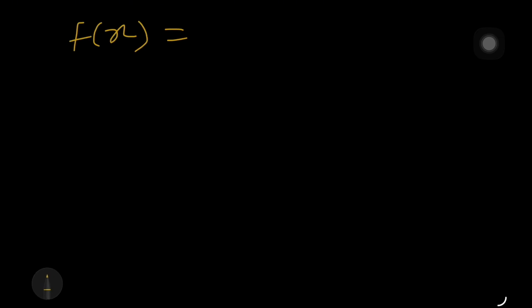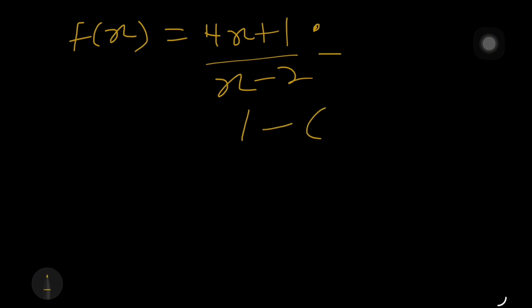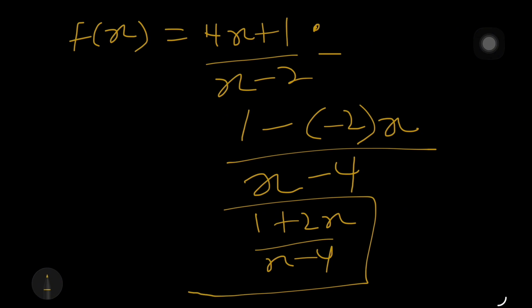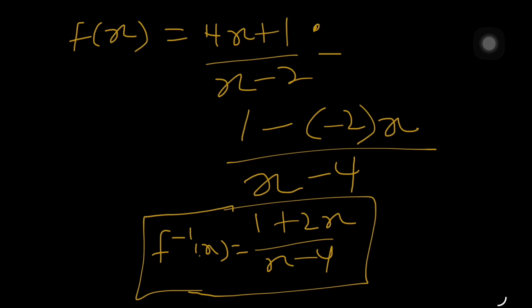For example, f of x equals 4x plus 1 over x minus 2. So we start from here again. Then we have 1 minus negative 2x all over x minus 4. 1 plus 2x over x minus 4 as our inverse, f inverse of x. Simple.